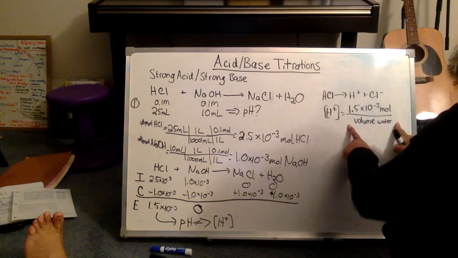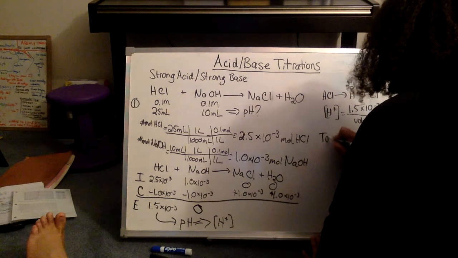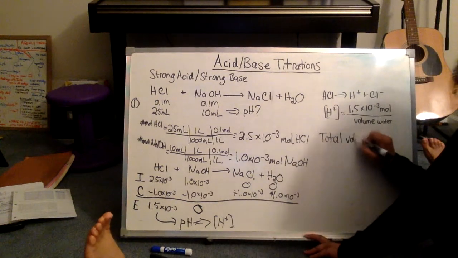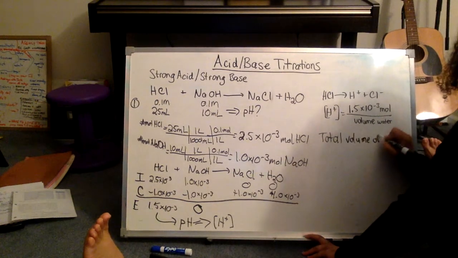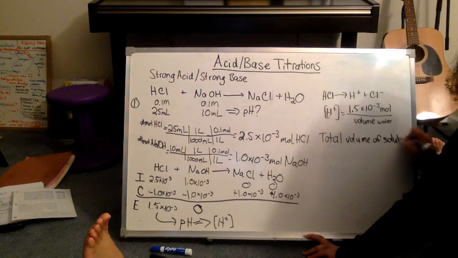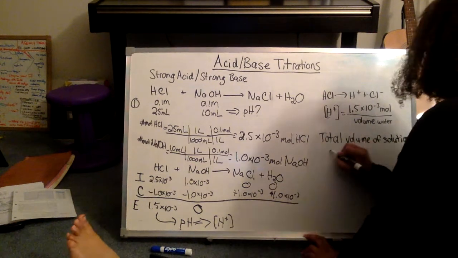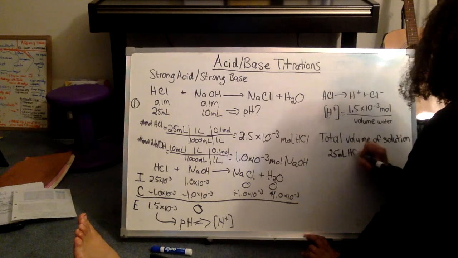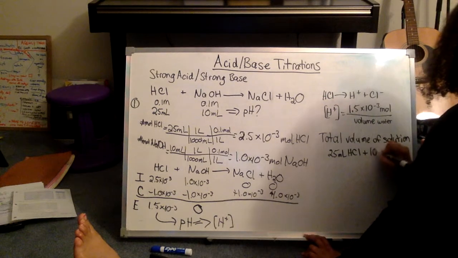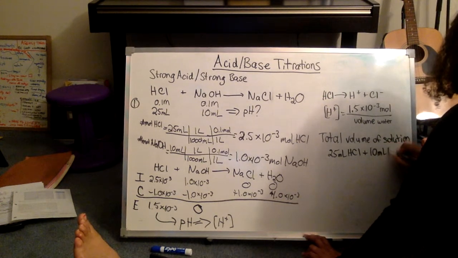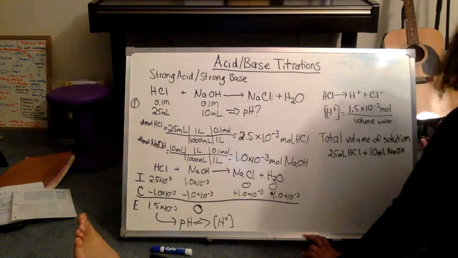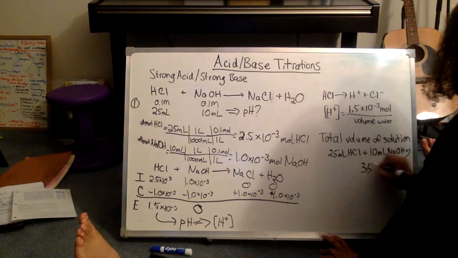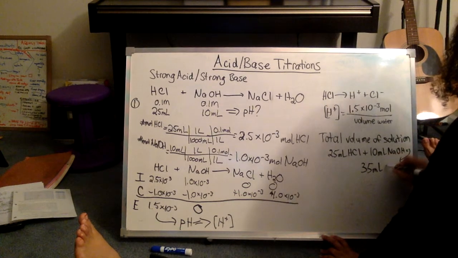How do we know how much volume? Well, the total volume of solution is the 25 milliliters of HCl plus the 10 milliliters of NaOH. If we add these together, we have a total of 35 milliliters of solution.